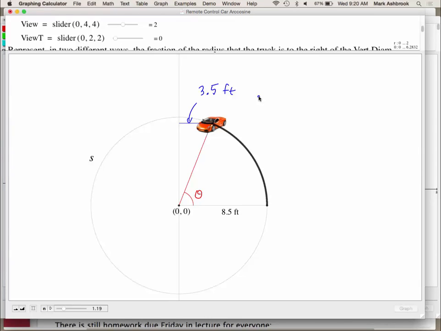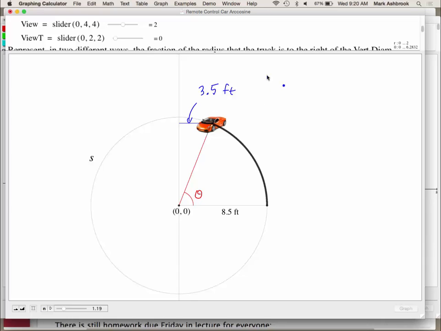Okay, so now I want you to express, it's good review practice for the last couple weeks, see if you've learned anything, I want you to express the car's horizontal distance to the right of the vertical diameter as a fraction of the radius in two ways.